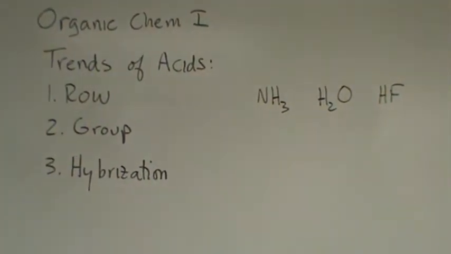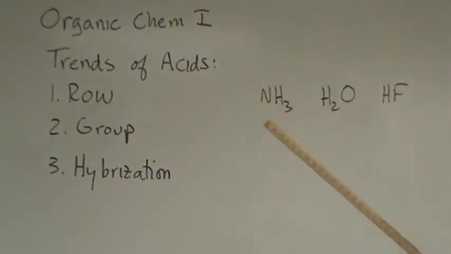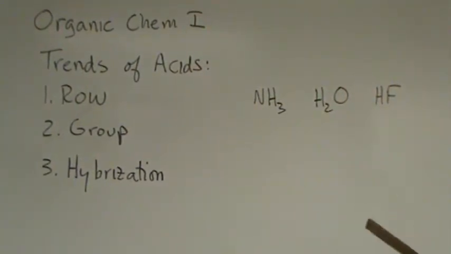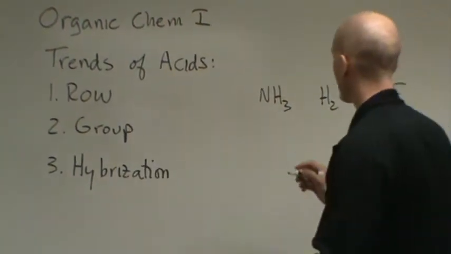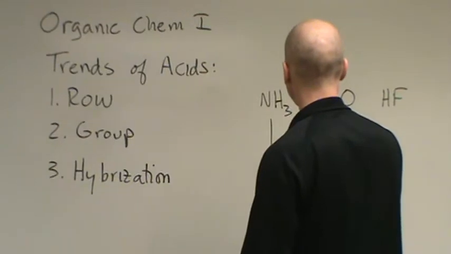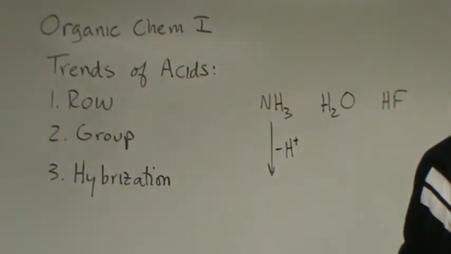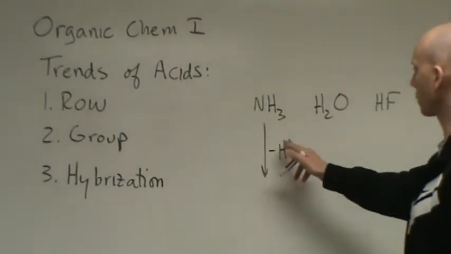If we look at these three molecules here, these three can act as an acid by giving off a hydrogen, or a proton. Remember, the proton we can symbolize by H+. So let's take off a proton.